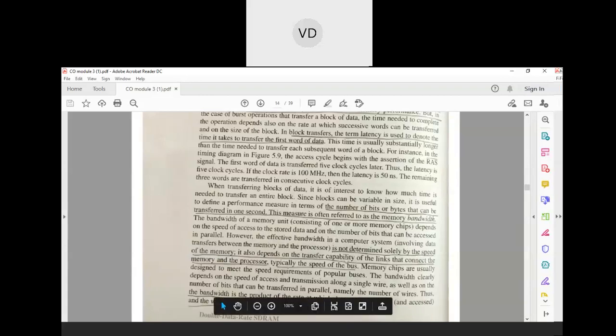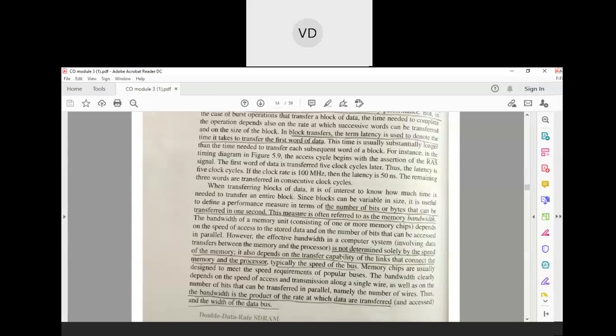We are transferring the data with the help of the buses, is it not? Let me take a real time example. All of you charge your mobiles, is it not? Suppose you are having an XYZ mobile. That XYZ mobile will charge fast with its own charger, is it not?